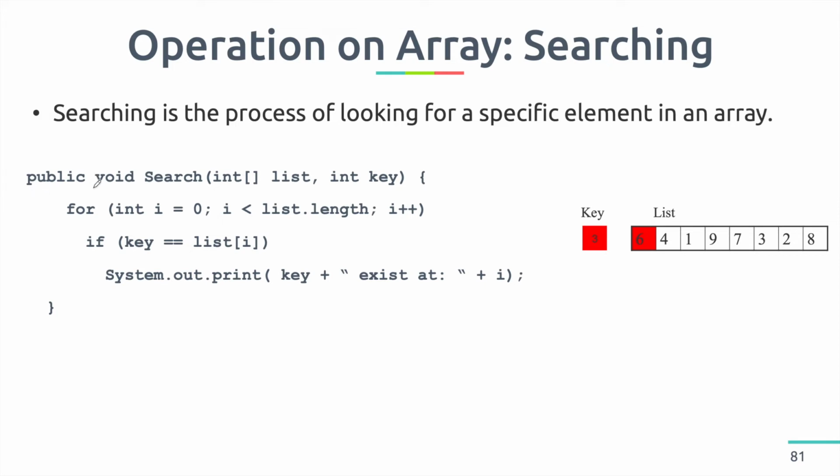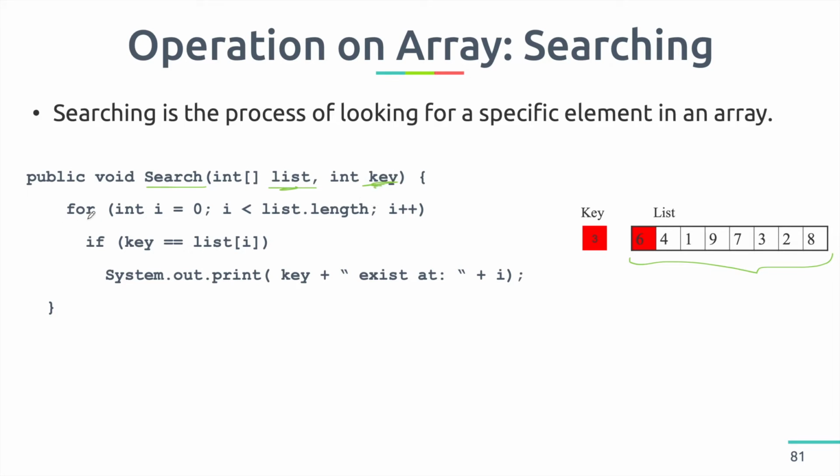So let's say that we have a main method. We're not going to need this in this example. So we have a method that is called search, and within this method we have a for loop, and we will go through all of the elements in the list array to check for a certain key.